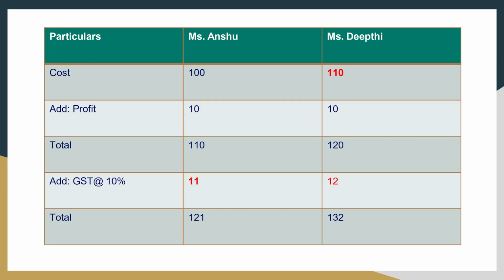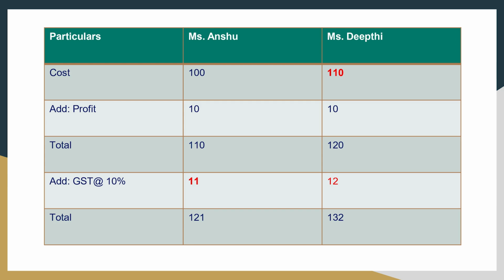Ultimately she has to supply the goods for 121 rupees to Miss Deepti. Whenever Anshu supplies to Deepti, Deepti has to pay GST to Anshu. Anshu, on behalf of Deepti, has to deposit that 11 rupees with the government.